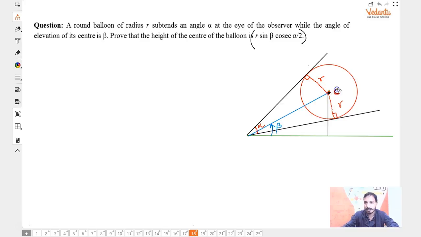So say this is the center C, and say this is P, and say this is Q, and say this is A and this is B, and this is a straight line. Let me just make this straight here.